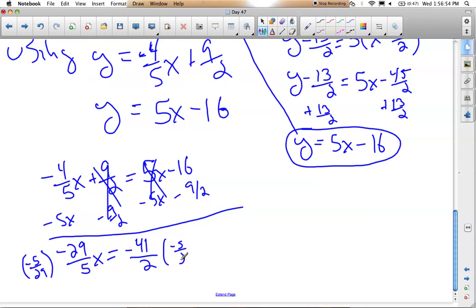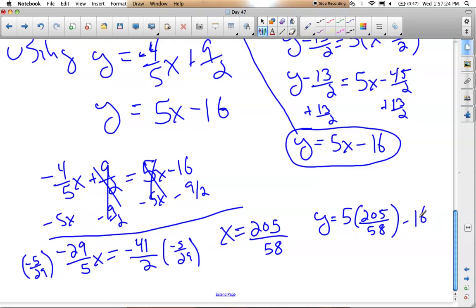Therefore, x equals negative 41 over 2 multiplied by negative 5/29, and you get x is equal to 205/58.